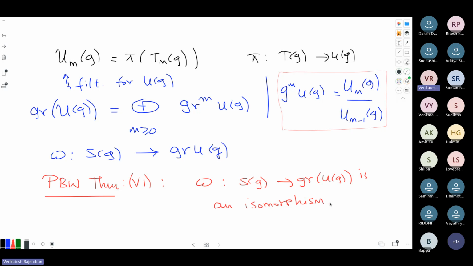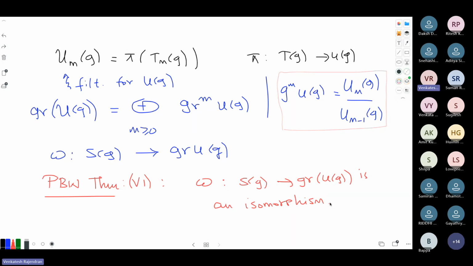So in particular, you have a standard basis on S of G. And then if you take the image of that inside the graded UG, you will get a basis there. And that basis is going to give you a basis for UG, because as C vector spaces, UG and graded UG are isomorphic.